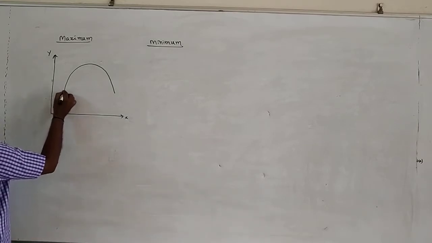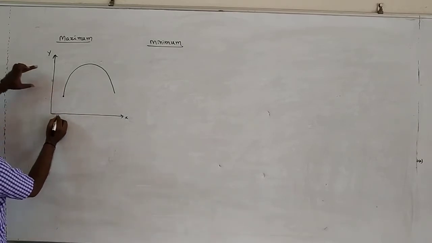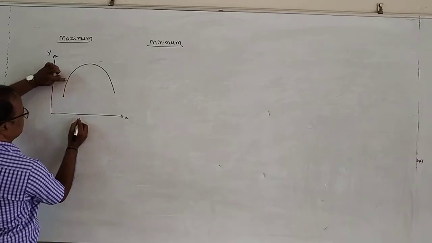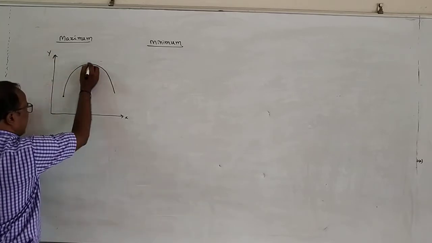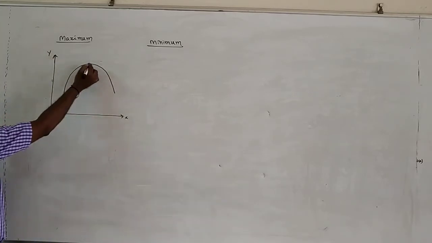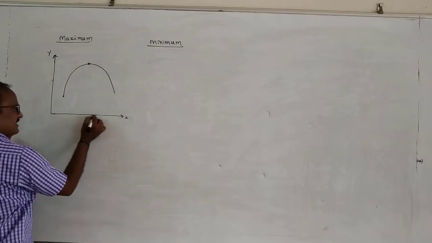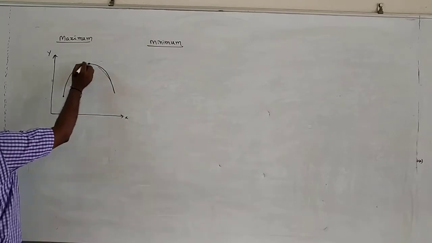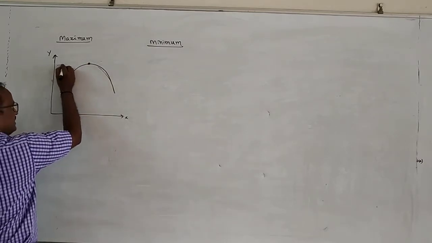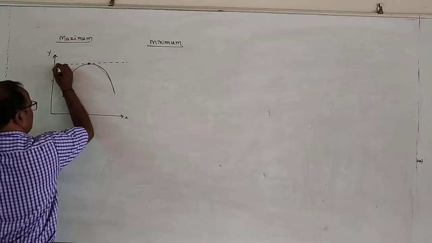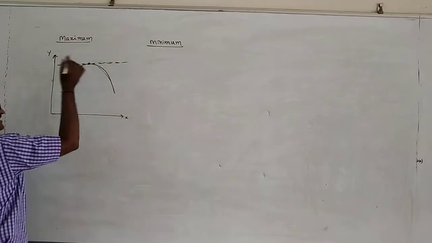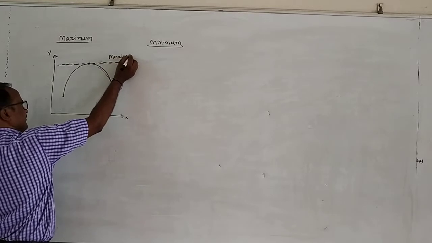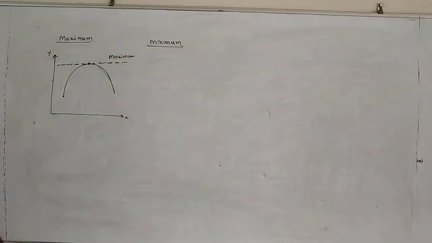Suppose from this point to this point, on increasing x, the y value goes on increasing, and at one value it becomes a maximum, and further on increasing x, y will decrease like this. So at this point, the value of y becomes a maximum, and this is the tangent drawn on the curve at this point. This represents the maximum value of y with respect to x.